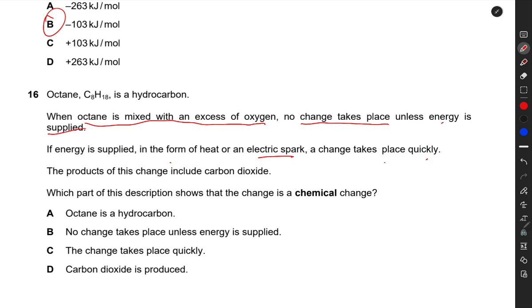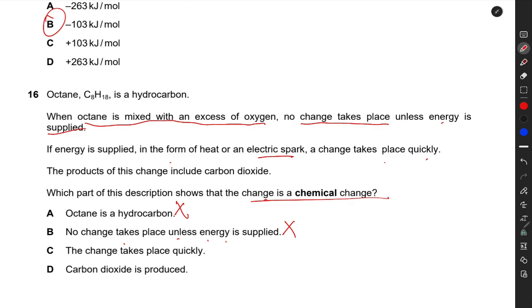Octane is a hydrocarbon. This statement does not show that it is a chemical change. No change takes place unless energy is supplied. It is also incorrect. No chemical change is shown in this statement.